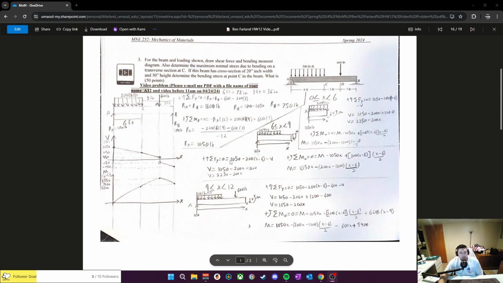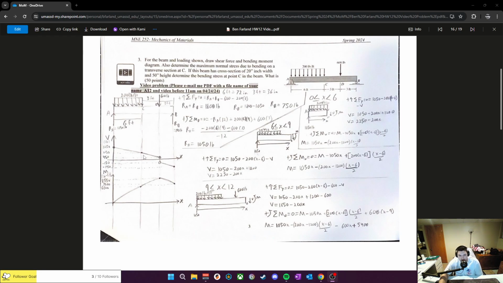I also forgot to mention earlier that after we do the sum of the forces to find v, and once we find v, we can go over to the left side and create a shear force diagram using each of the lines from A, C, D, and B. We can plot the first point of x equals 0 for 2250.